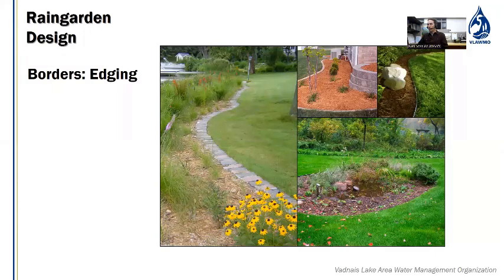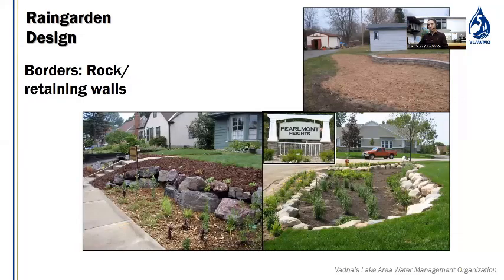And you could be fancy about it, or you could be real simple. Paver edging or plain black edging, metal edging. That's personal preference and aesthetics. Or retaining walls. If you're working around a slope, these are all possible. They're quite an attraction.